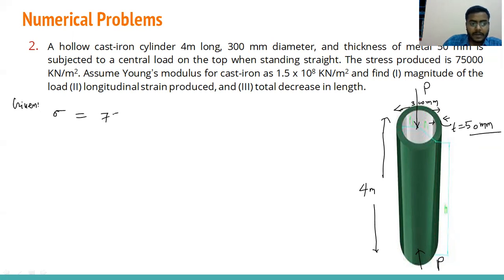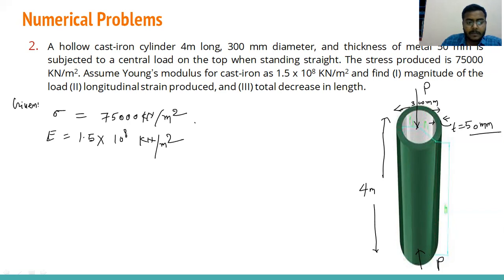Stress is 75,000 kilonewton per meter square. Assume Young's modulus of iron, E is given, that is 1.5 10 to the power 8 kilonewton per meter square.